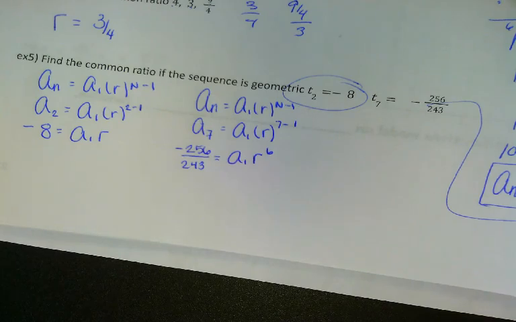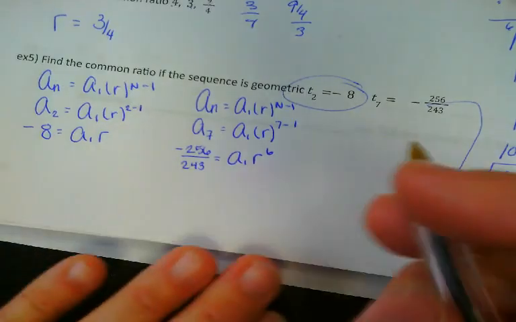It's pretty elementary. We're just replacing the n with a 2 and the n with a 7. Okay, again, so I don't get negative exponents, I usually just put the larger r on top.